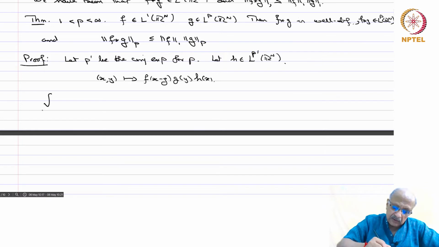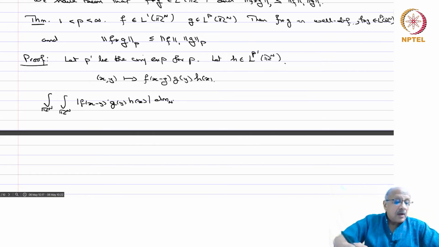So we want to know if the integral of f(x minus y) g(y) dm_n(y) exists. For that we are going to use Fubini's theorem, as we can see now. Consider the integral of mod f(x minus y), mod g(y), mod h(x) dm_n(y) dm_n(x). It doesn't matter what order, since we are taking non-negative functions.